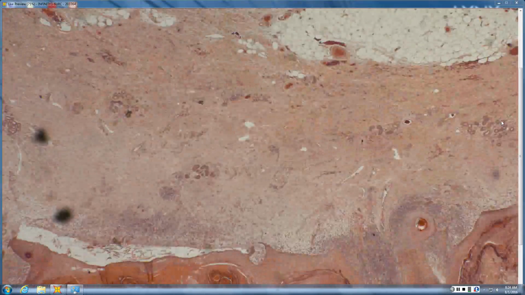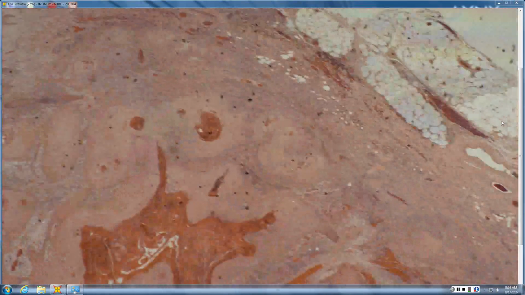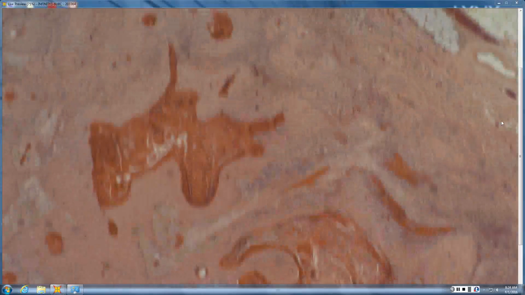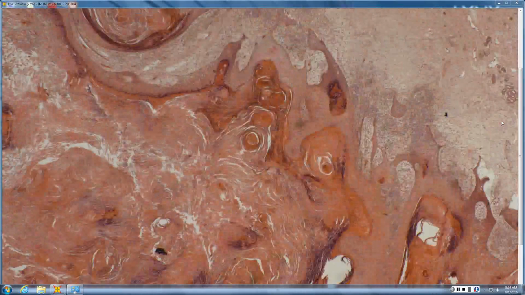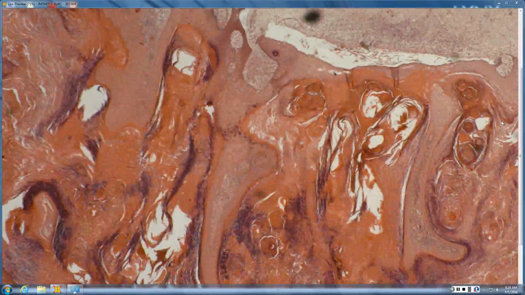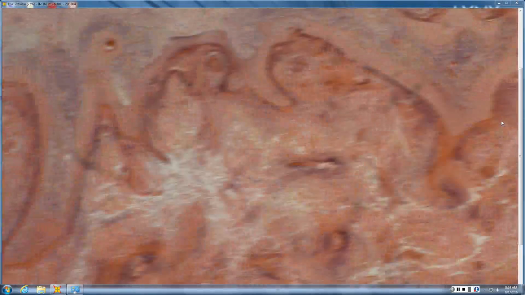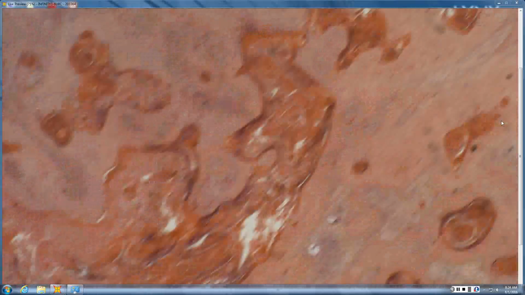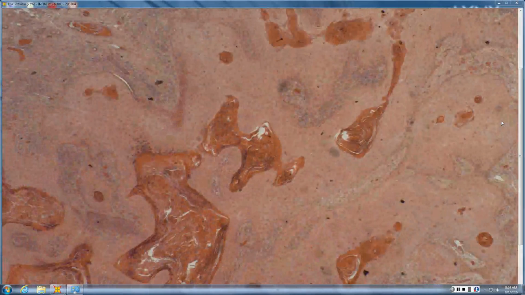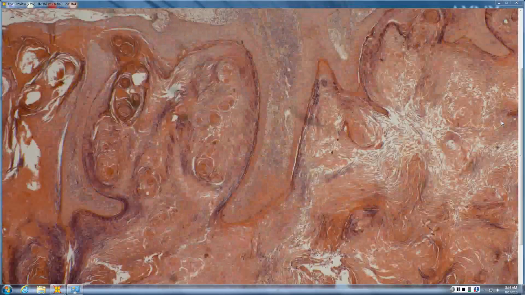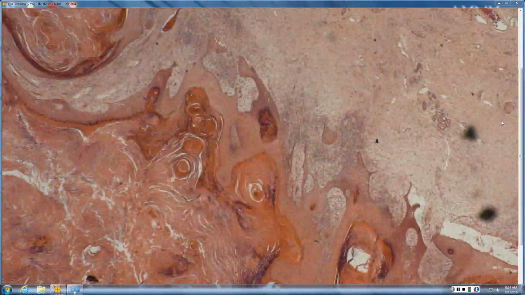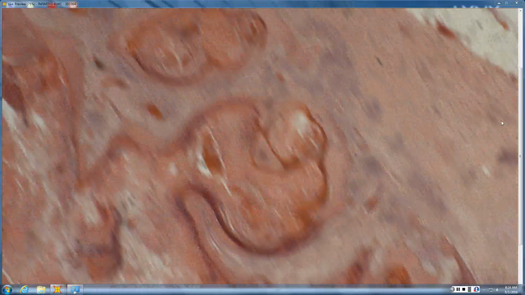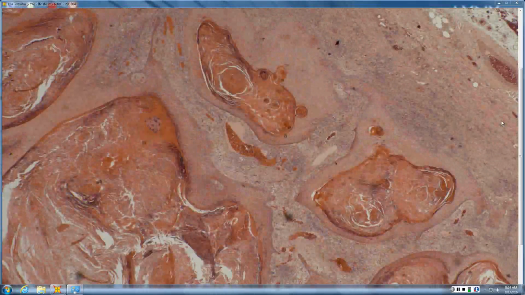So, very pink, lots of keratin inside. Well, I guess the cut looks like a cyst, but really not. So it looks like a cyst, but opens to the surface. More like a keratin-filled crater.